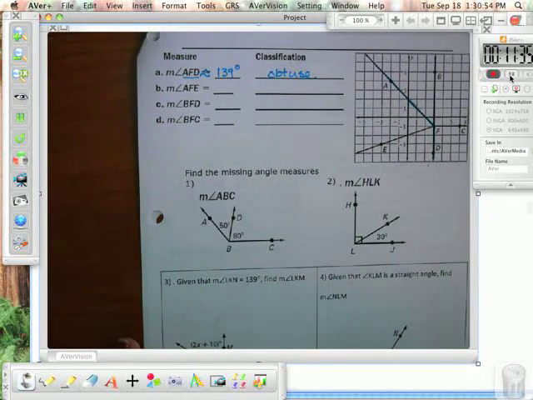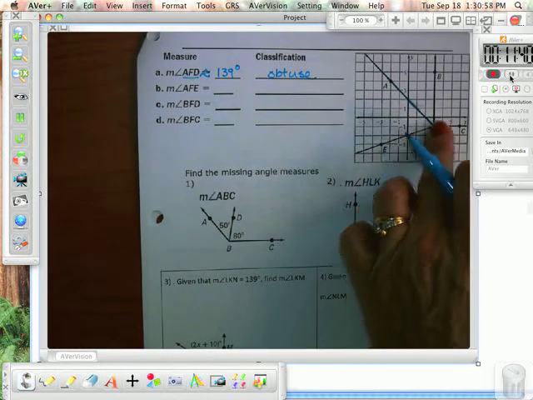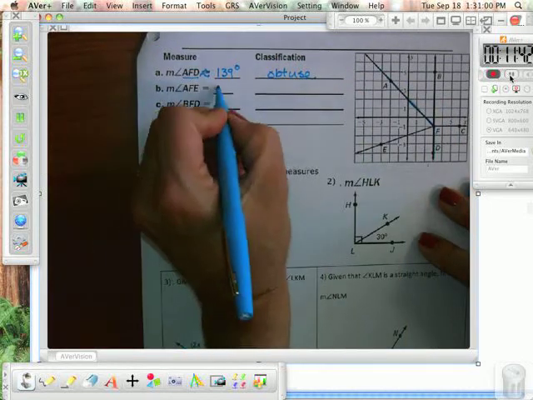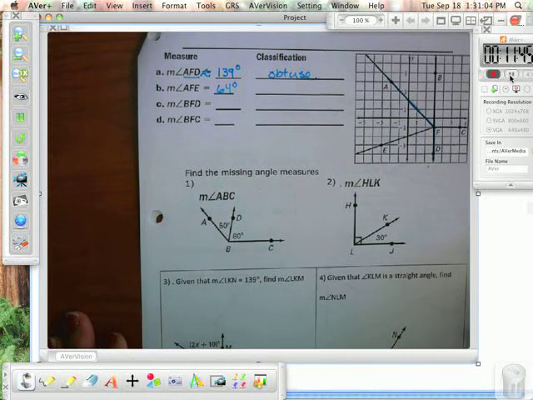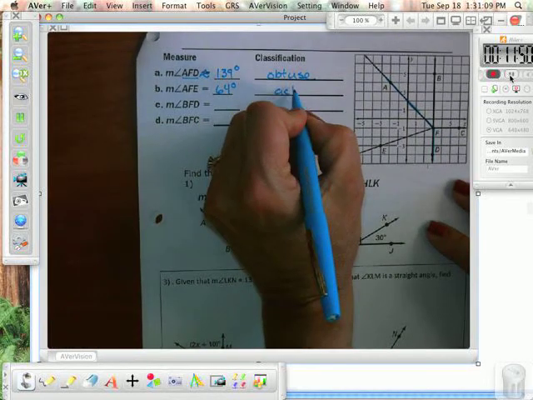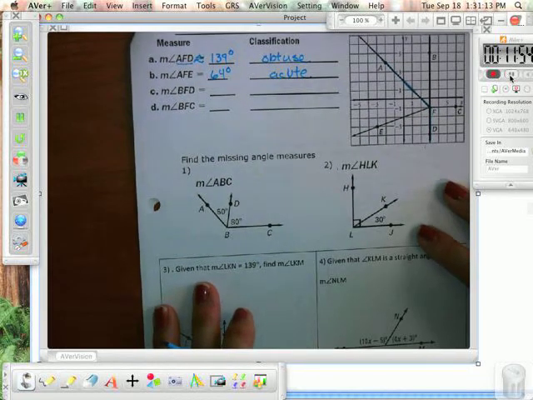James, what did you get for AFE? Okay, 64 degrees. Obtuse, acute. Acute. Acute. John, what did you get for BFD?